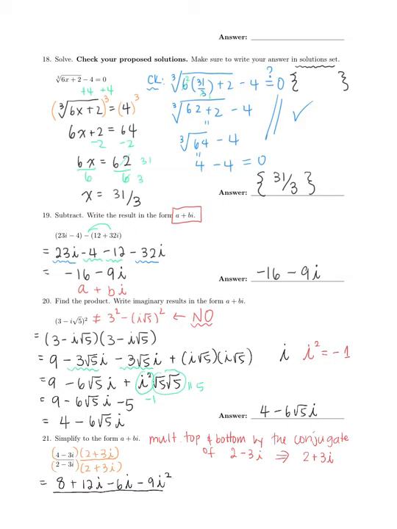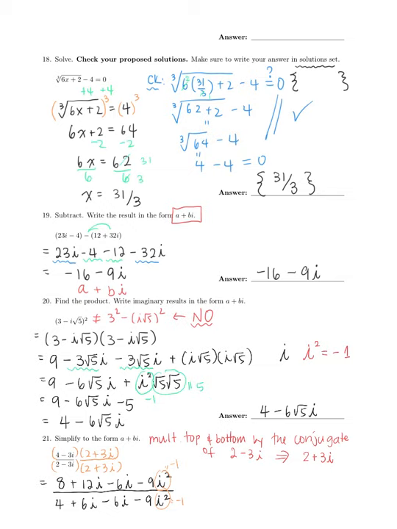And then whole thing over 4 plus 6i minus 6i and then minus 9i squared. Okay, so again, i squared, this is going to be negative 1.